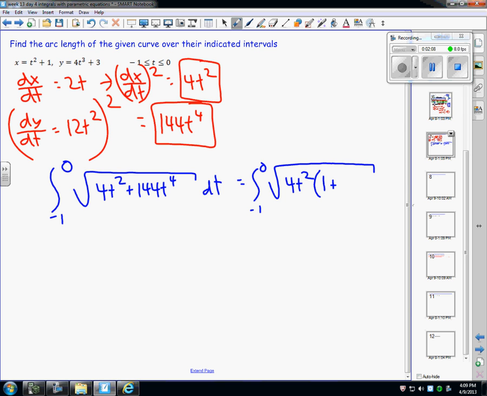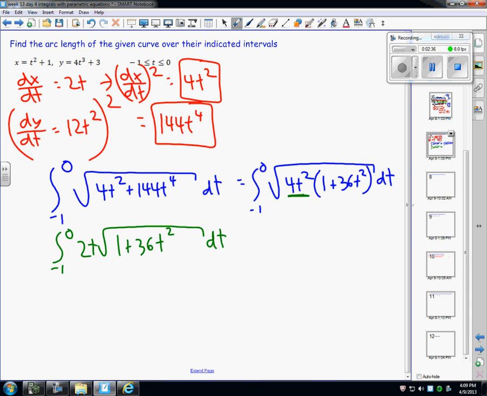How about 36 of them? 36t squared dt. That's nice because I'll be able to pull that part out. And I'll say this is the integral from -1 to 0 of 2t square root of 1 plus 36t squared dt.